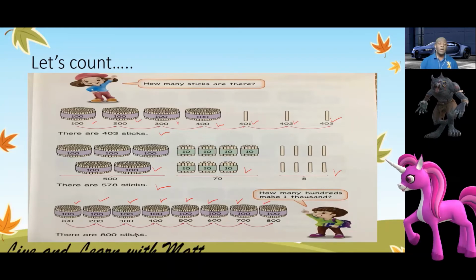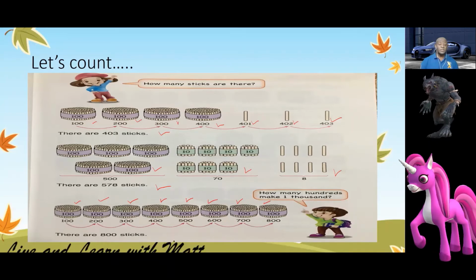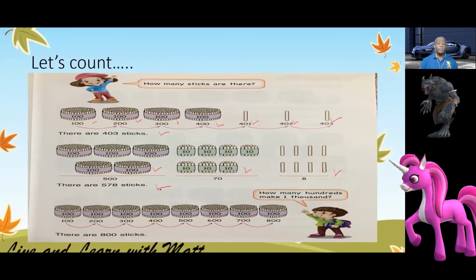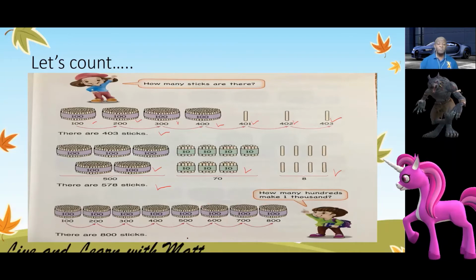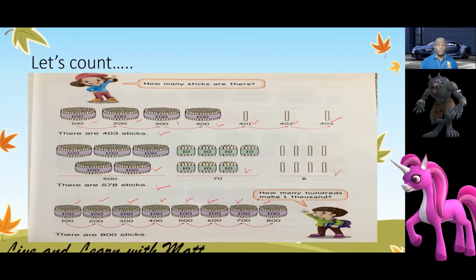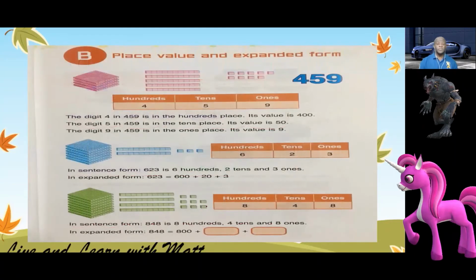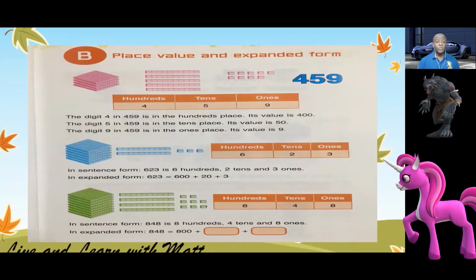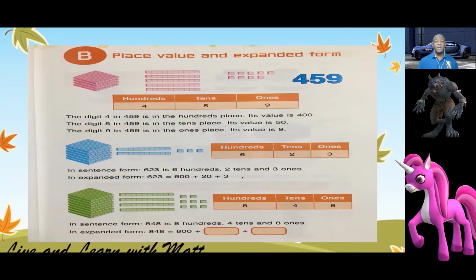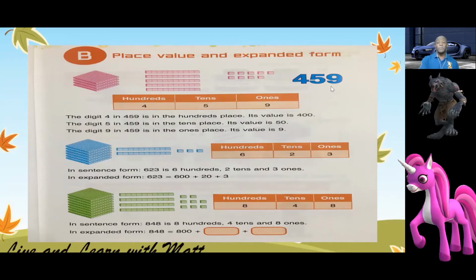So there are 800 sticks. Next, how many hundreds make 1000? Now let's go to the next one, which is place value and expanded form.